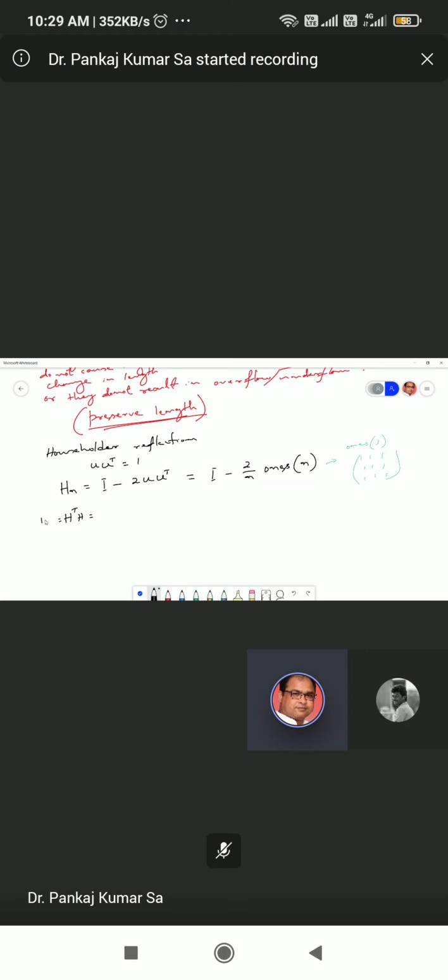That is actually equal to H square, right? So how do I write this? I minus 2 U U transpose, whole square.